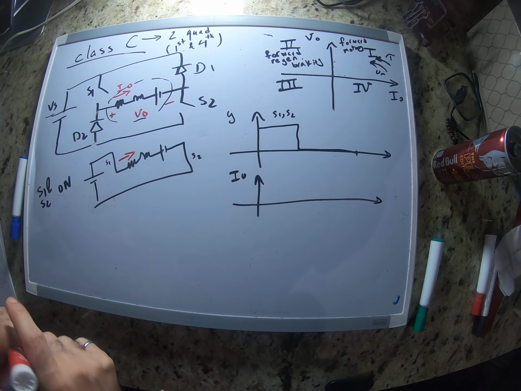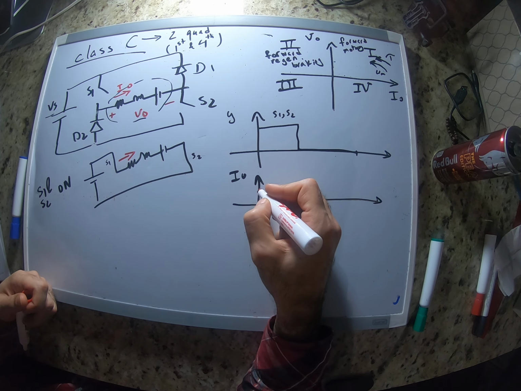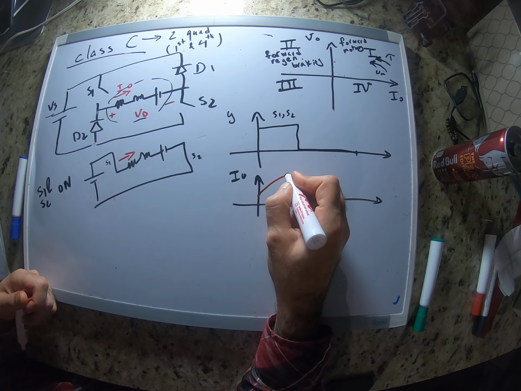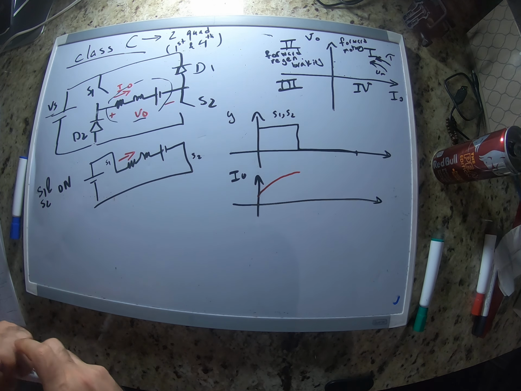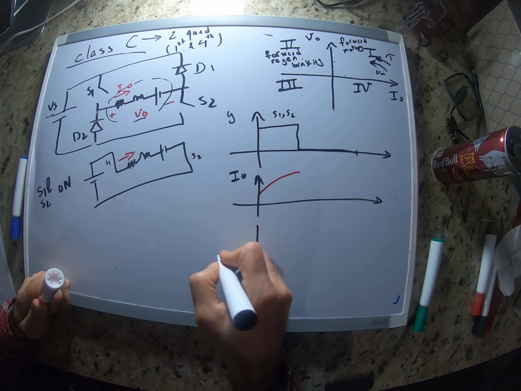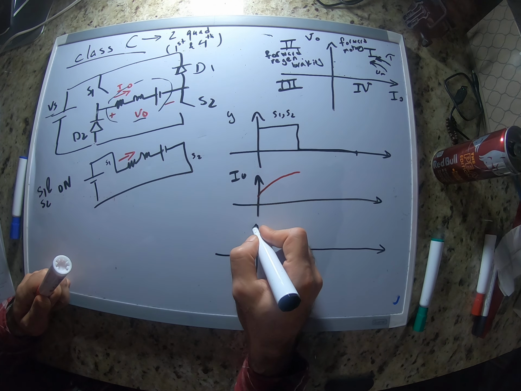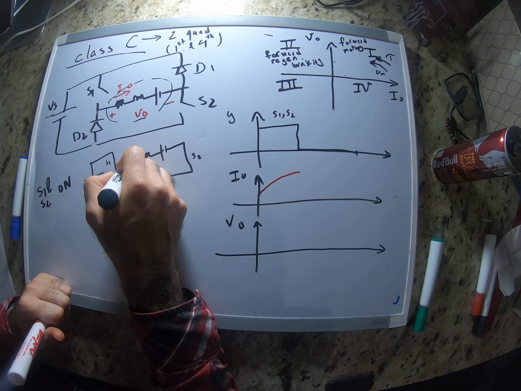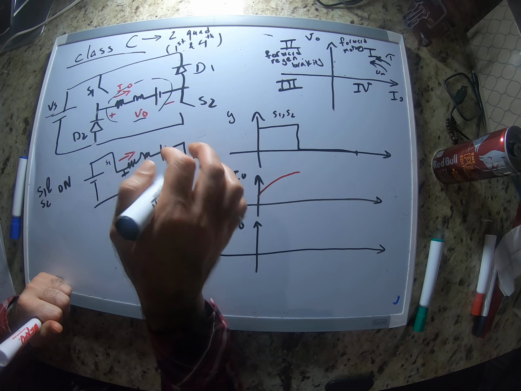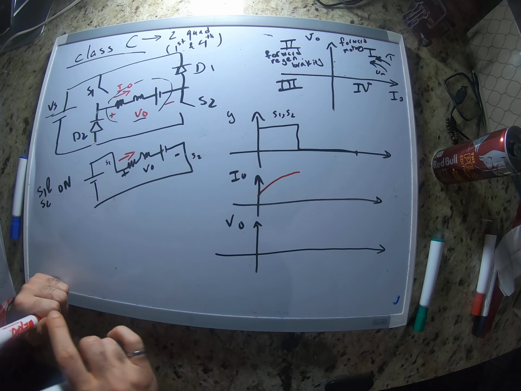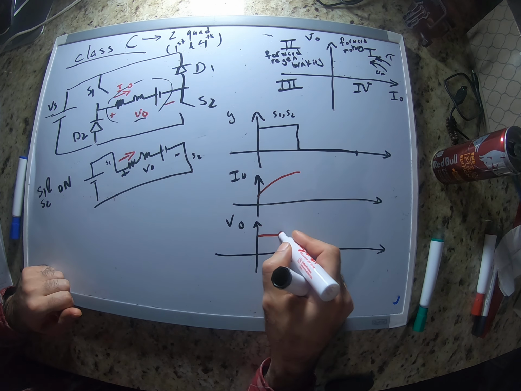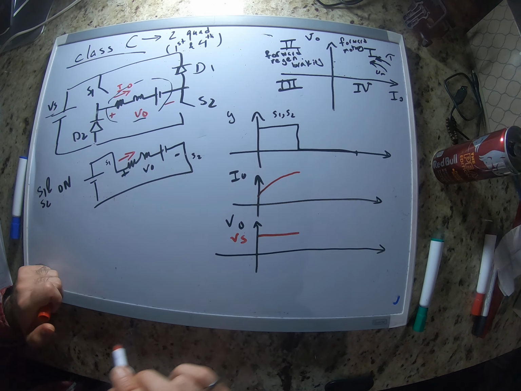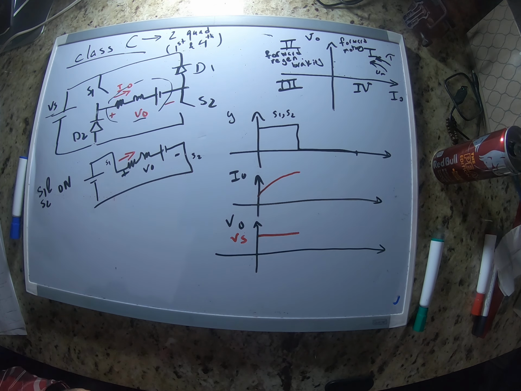So the inductor current is going to increase, and the output voltage is going to be the same as our source voltage, Vs, right?